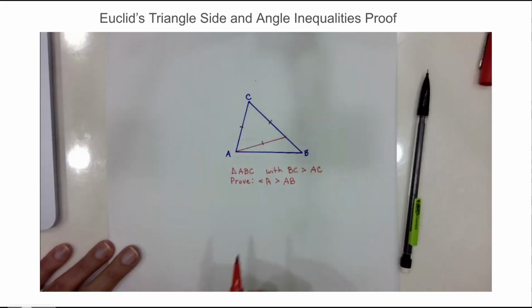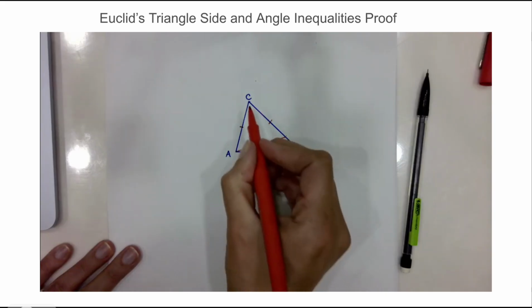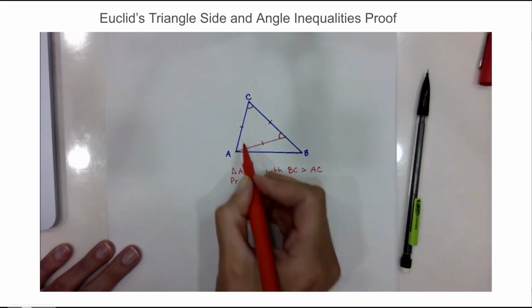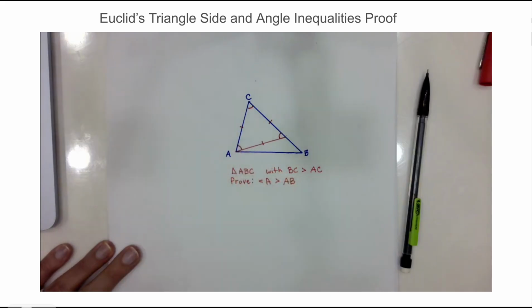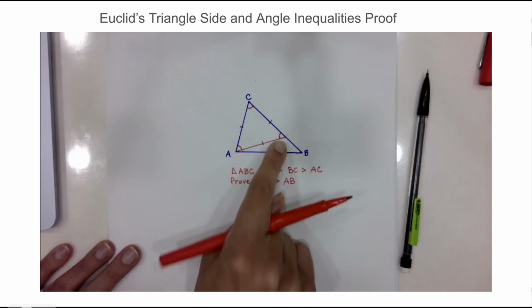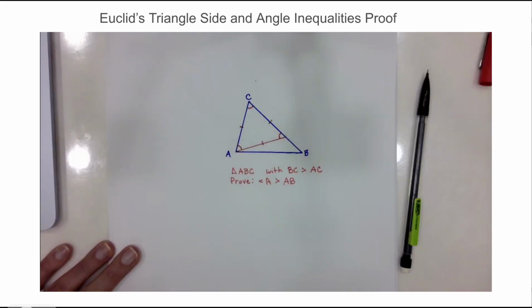So what we've done is we've created an equilateral triangle. So we know that this angle is congruent to this angle, and it is incongruent to this angle. Okay, so now we have an equilateral triangle inside of an isosceles triangle. So now we're going to go through our rules and our proofs.